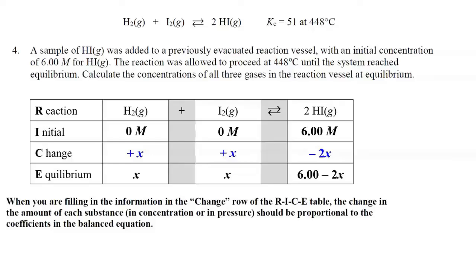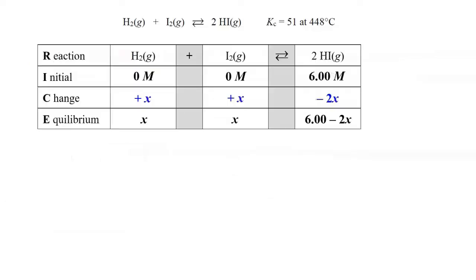Now we're going to proceed with a very similar strategy for solving for X. We take the information in the final row of the rice table and we plug those values, in terms of X, into the equilibrium constant expression.